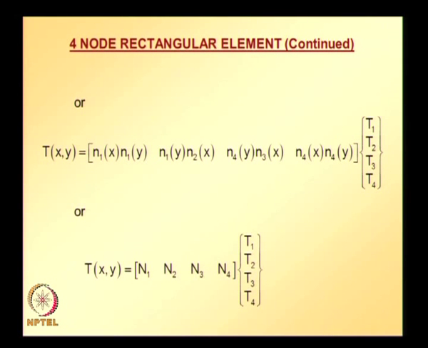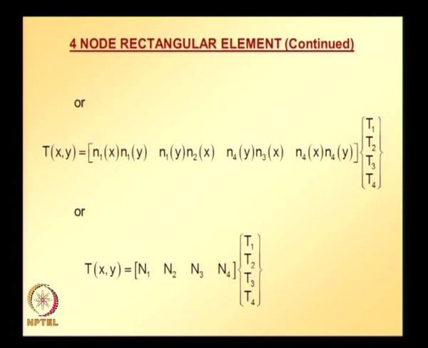Similarly, shape function of node 3, which is denoted with capital N3, is equal to small n4 as a function of y times small n3 as a function of x. Similarly, shape function at node 4, which is denoted with capital N4, is equal to small n4 as a function of x times small n4 as a function of y.